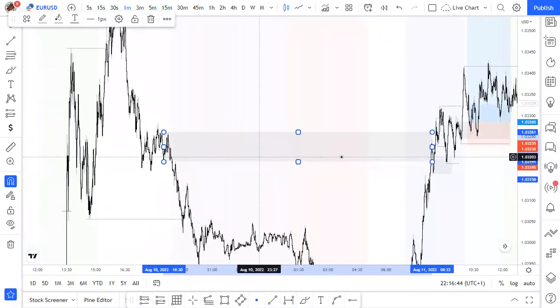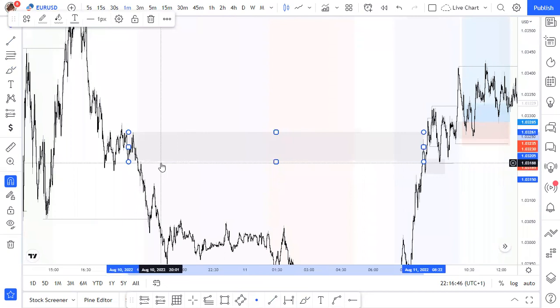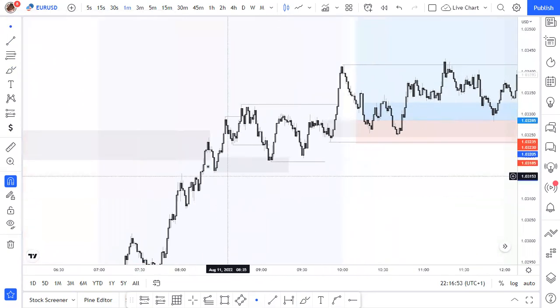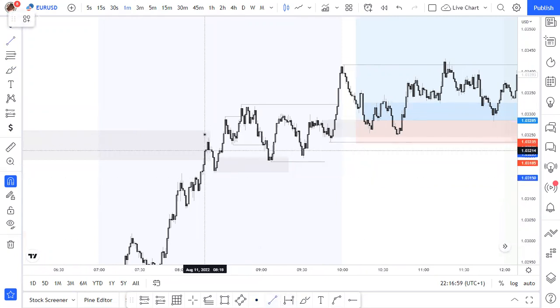I actually wanted to take a sell here, but I was also waiting for that confirmation. So when I saw price break above this, I saw price react to this particular zone, and then price broke the zone.